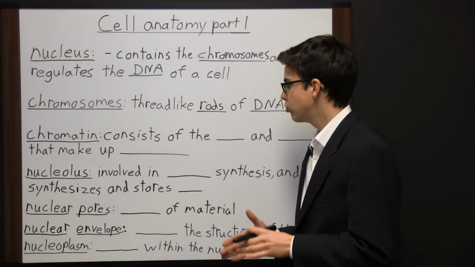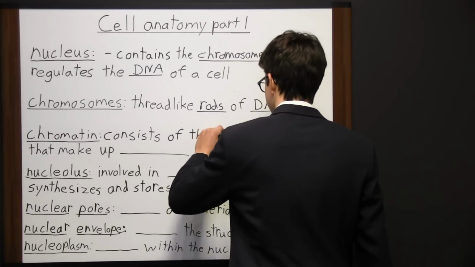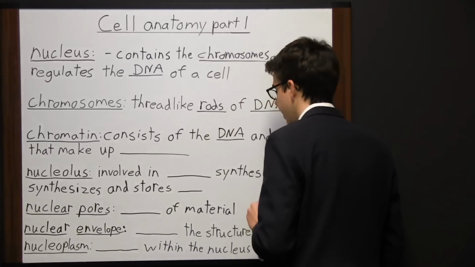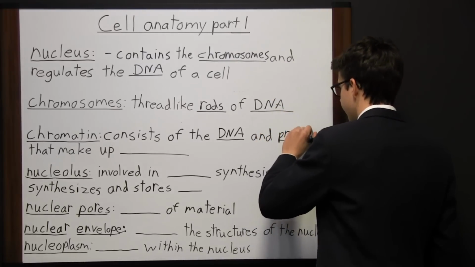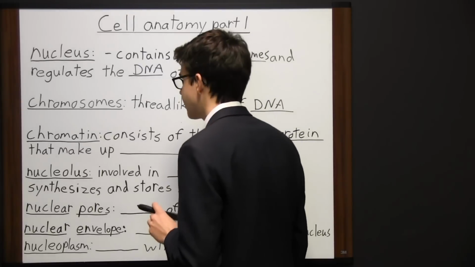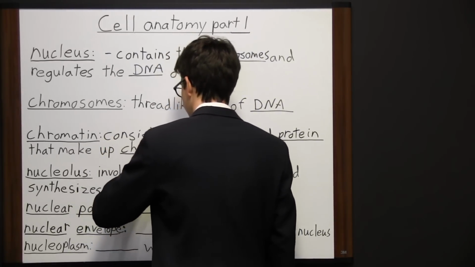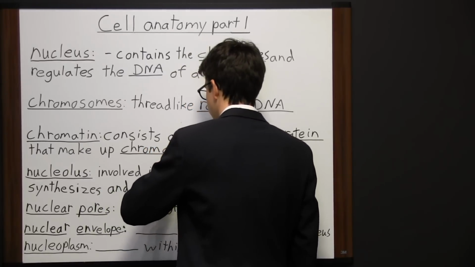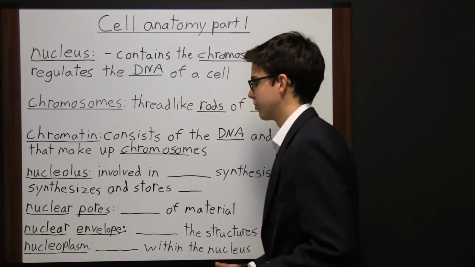Now we move on to chromatin, which consists of the DNA and the protein that makes up chromosomes. So there you can see a direct relation between chromosomes and chromatin.